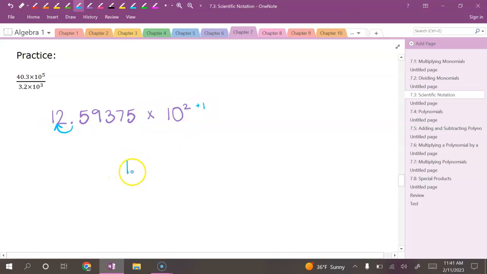And so I had 1.259375, and that is then times 10 to the 3rd power. And in standard form, if I move this 3 times to the right, it comes out to be 1,259.375.